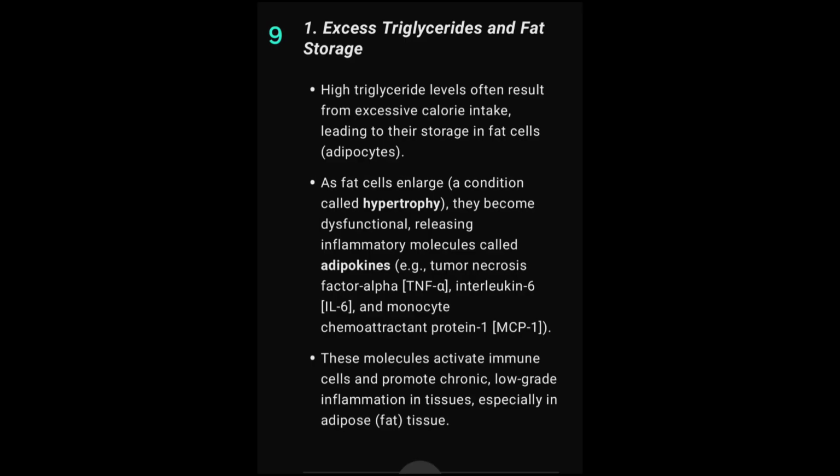They release inflammatory molecules called adipokines, that is, tumor necrosis factor alpha, TNF alpha, interleukin 6, IL 6, and monocyte chemoattractant protein 1, MCP1. These molecules activate immune cells and promote chronic low-grade inflammation in the tissues, especially in the fat tissues.